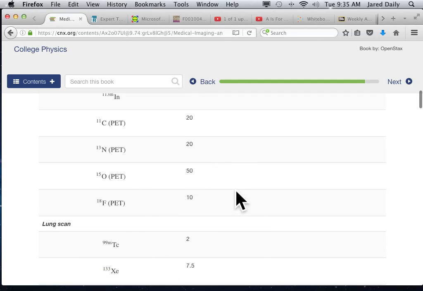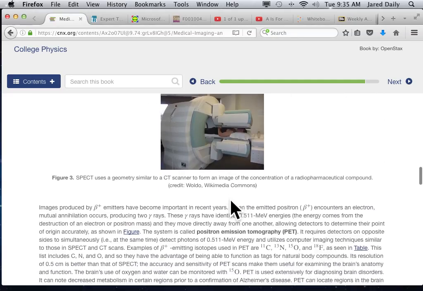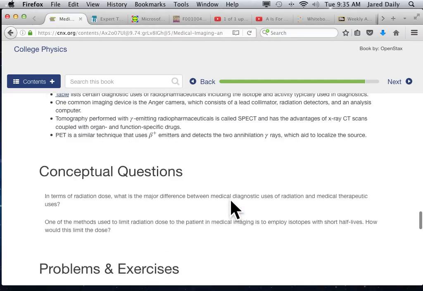This is activity, and this is the number of decays per second. How actively is a sample actually decaying? So that's the first unit, the curie and the becquerel.